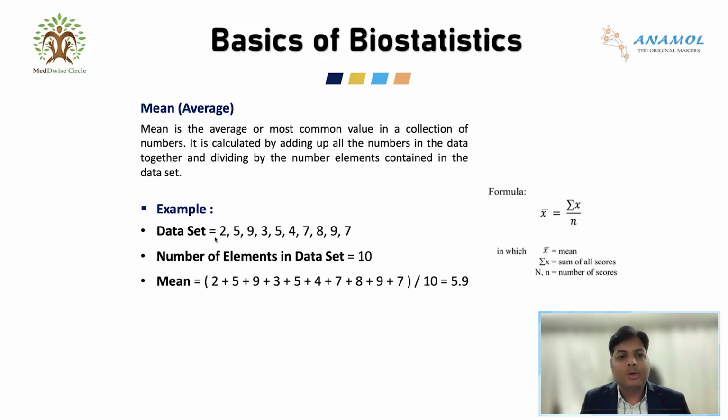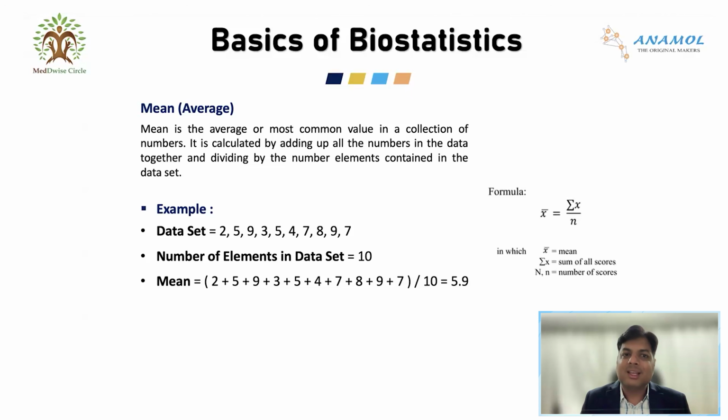So if I add 2 plus 5 plus 9 plus 3 and so on, I will get 59 as a total. If I divide 59 by the number of students, which is 10, then the average for one student is 5.9. This average is called the mean.